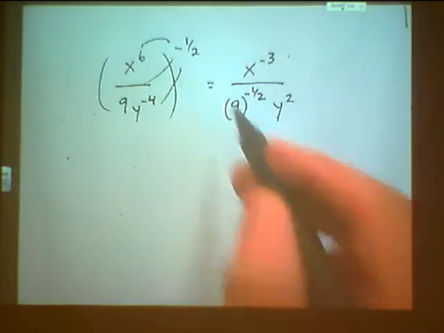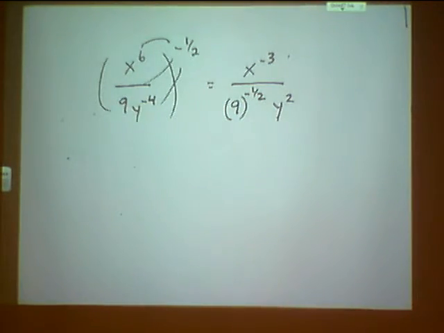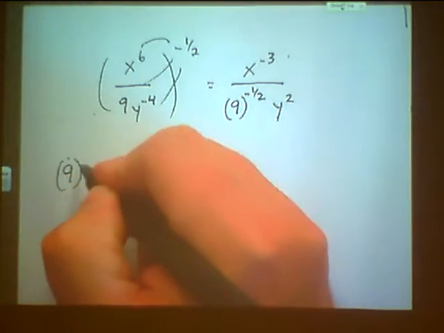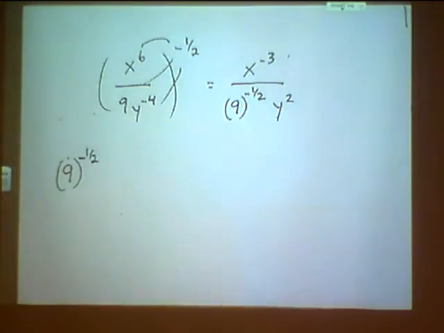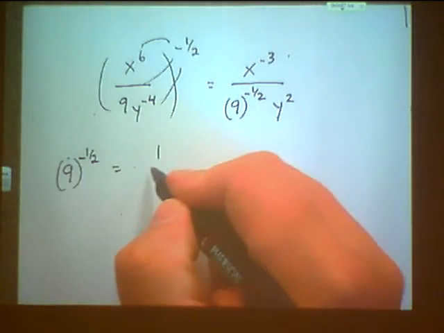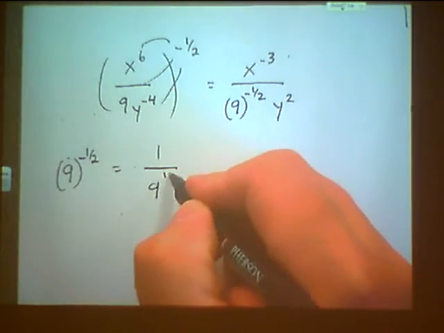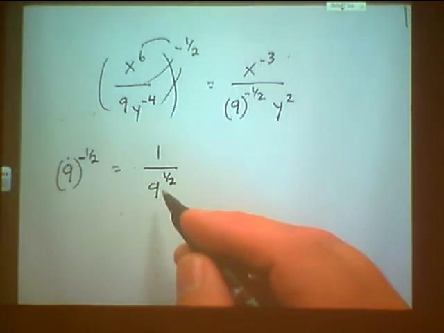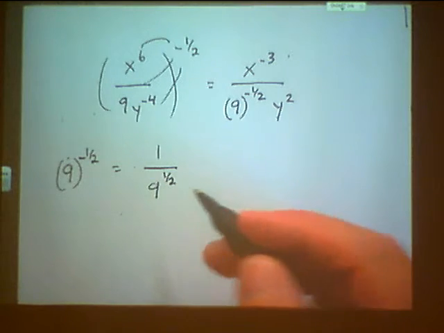But for now, let's look at what happens with 9 to the negative 1/2. First thing I'm going to do is get rid of the negative exponent. So it's going to go down into the denominator as 9 to the 1/2. Now let's figure out what 9 to the 1/2 equals, and then I'll plug it back in as a denominator here.